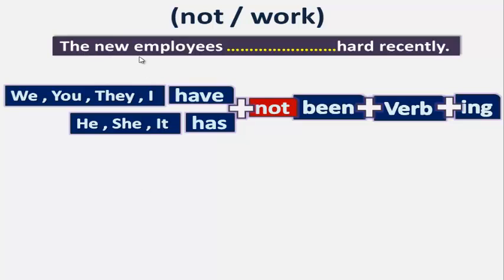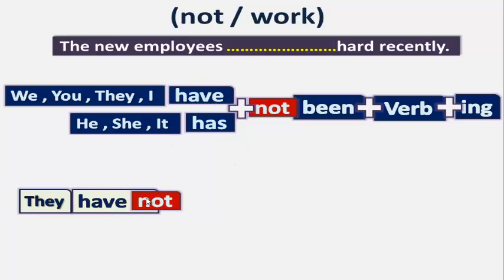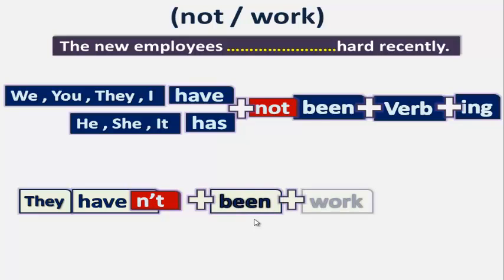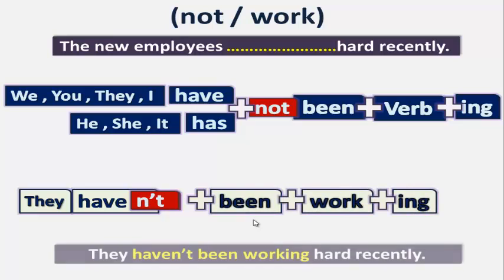The new employees can be replaced with the pronoun they. Okay, so they, and then we use have, plus not, haven't or have not, okay, been working. The complete sentence reads, they haven't been working hard recently.